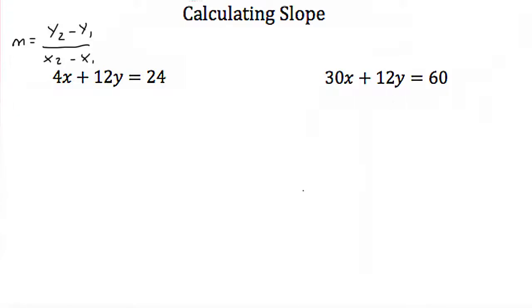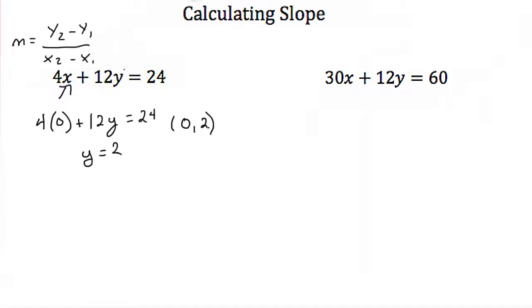Now, usually the easiest points to solve for are our intercepts, or our 0 points. So the first point we're going to solve for is when x is equal to 0. So if I plug in 0 for x, we'll get 4 times 0 plus 12y is equal to 24. This means that y is equal to 2. So our first point is going to be (0, 2).